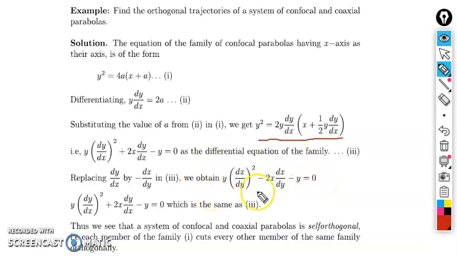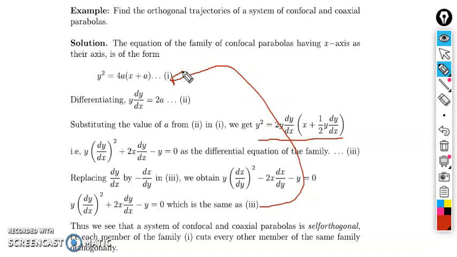If we multiply both sides by (dy/dx) the whole square, it becomes y (dy/dx) the whole square plus 2x dy/dx minus y equals 0, which is the same as equation number 1. This equation 1 and this equation 3 are the same.